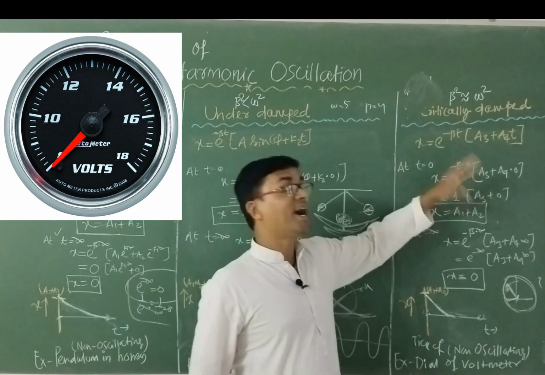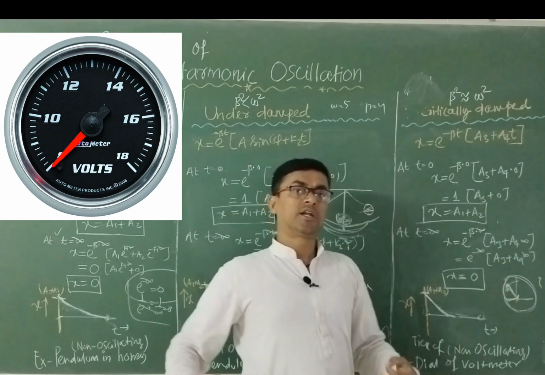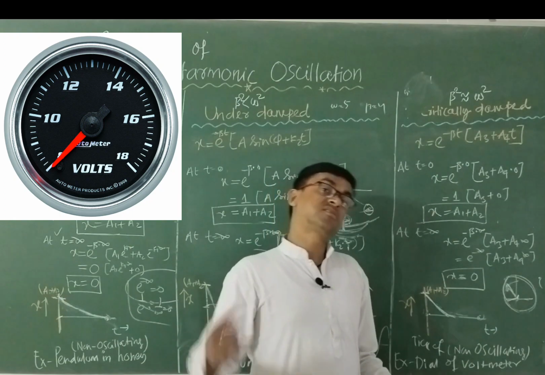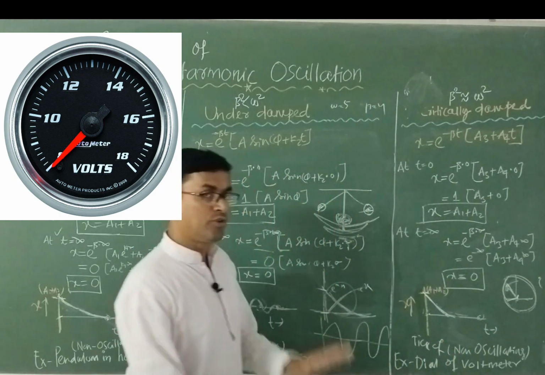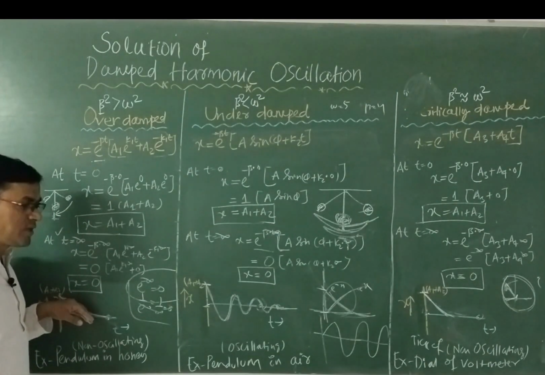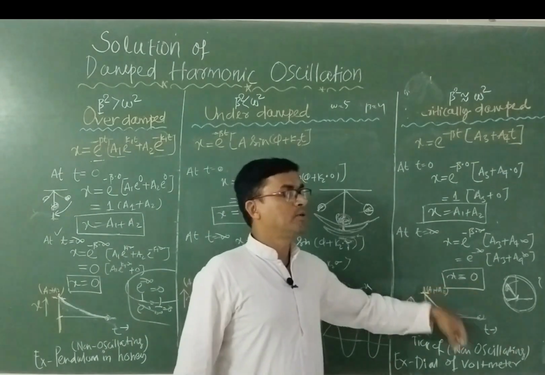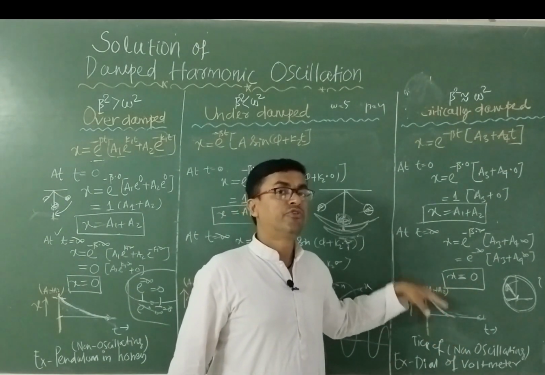Because here this omega and beta are adjusted in such a way that when you remove the two ends, it suddenly falls. So what we can conclude: here the amplitude comes to zero gradually, here the amplitude comes to zero suddenly, here the amplitude comes to zero very fast.